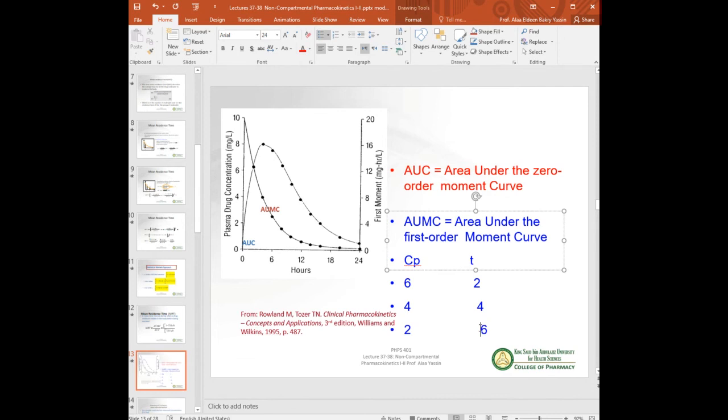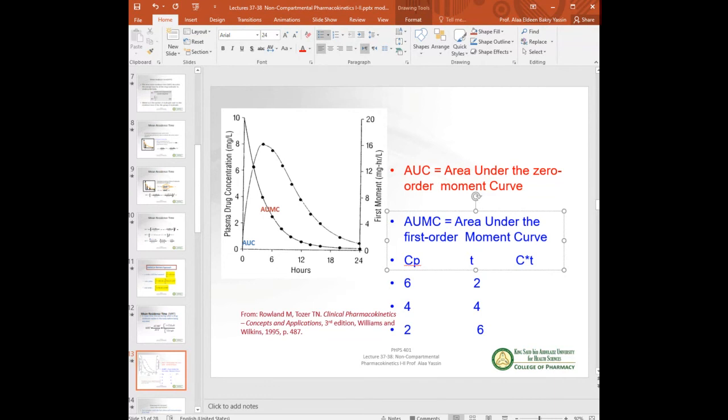So in order to plot the AUMC, you get the C multiplied by T. CT is obtained like this, multiplication of both.